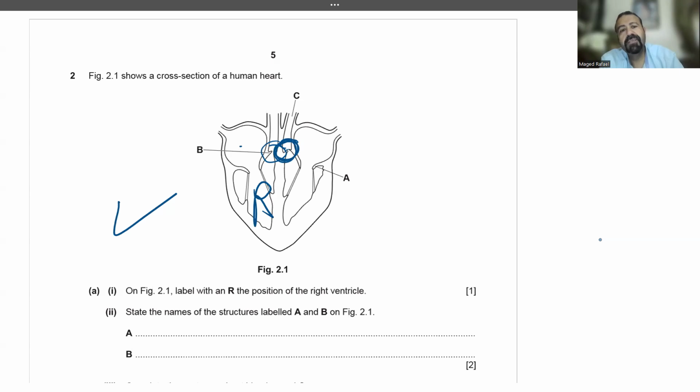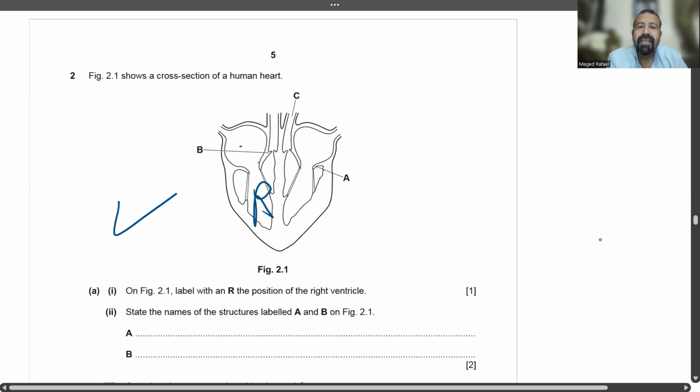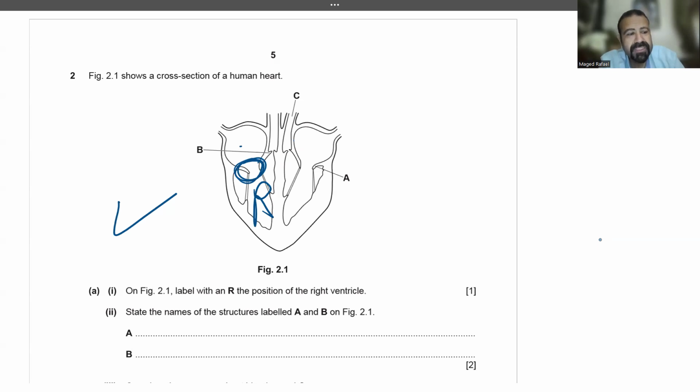So B is the semilunar valve, and this is the tricuspid valve. It has three, the Mercedes sign, as we said before several times. So A is the atrioventricular valve or bicuspid valve, and B is the semilunar valve.